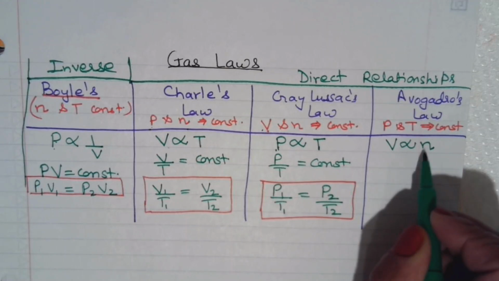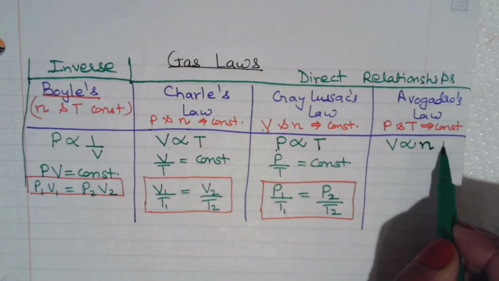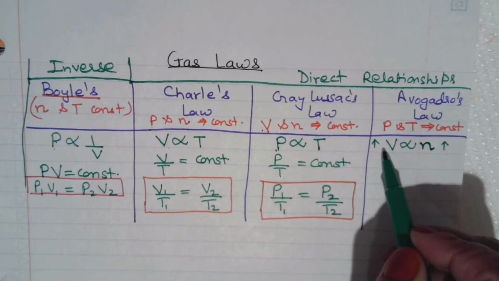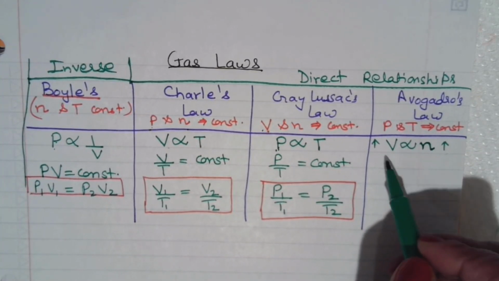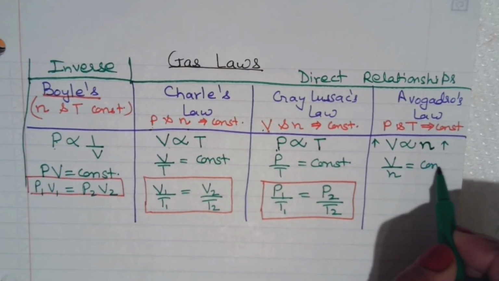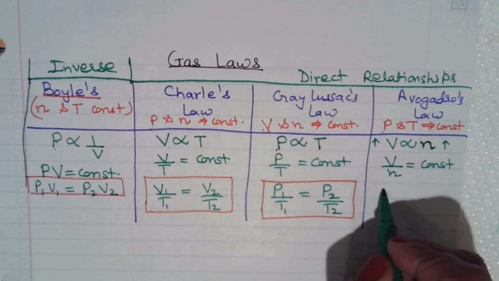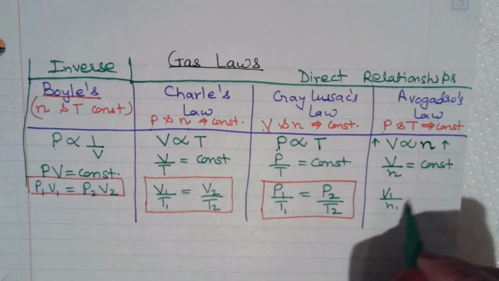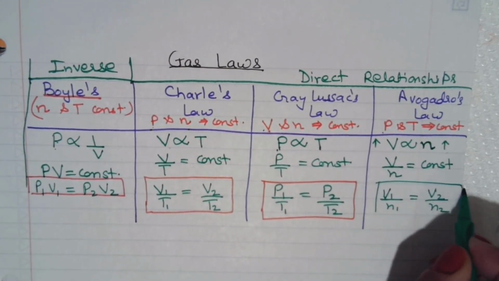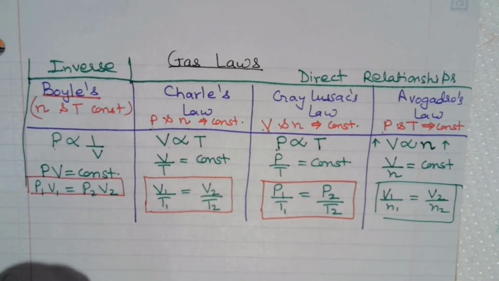Since it's a direct relationship, when number of moles goes up, the volume increases. More moles of a gas will occupy a greater volume, and vice versa, right? So that means V over N is also constant at constant pressure and temperature, and hence we can write V1 over N1 equals V2 over N2, right? This holds good when pressure and temperature of a gas are kept constant.